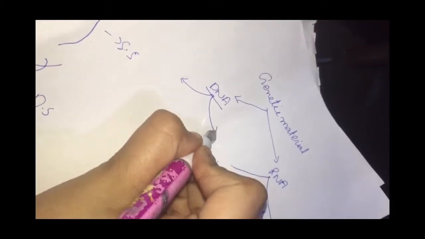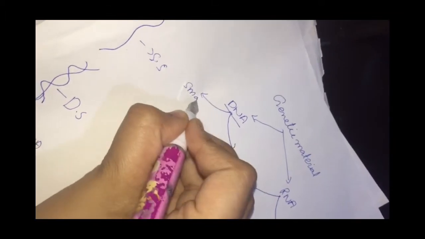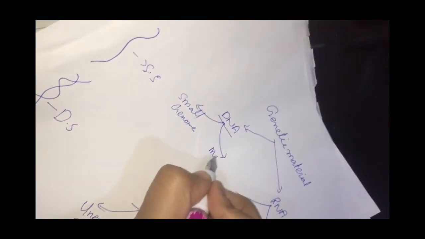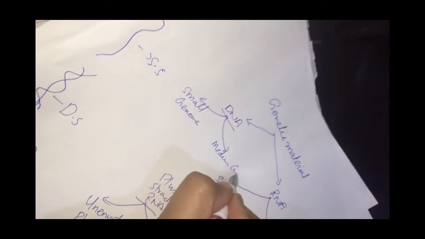So DNA viruses can be classified into 2 main categories. One is small genome, and the other is medium genome and large genome DNA virus.